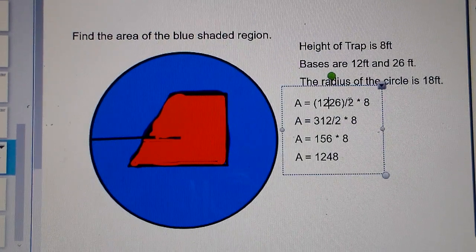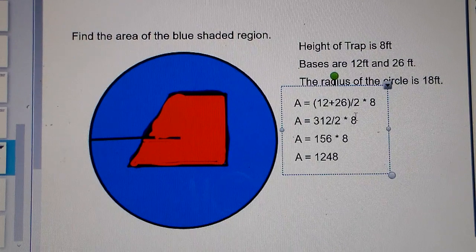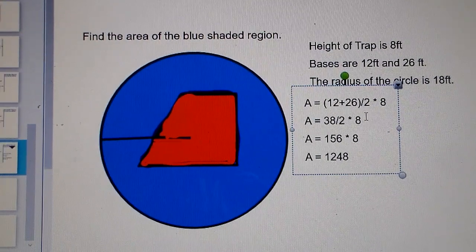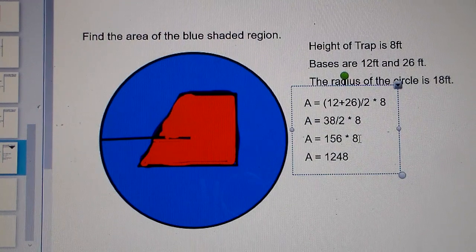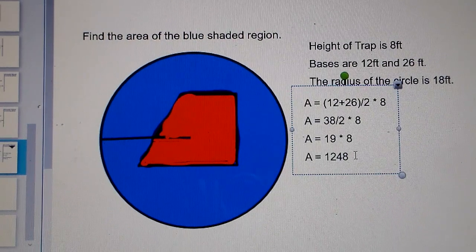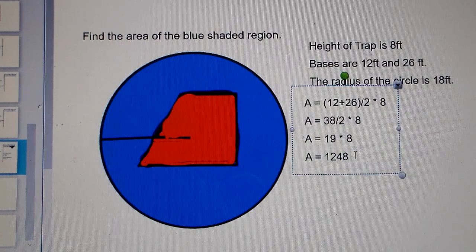Let's fix this. So in this one, we got to add our bases. 12 plus 26. That's going to get us 38. 38 divided by 2 gets us 19. And 19 times 8 gets us 152.